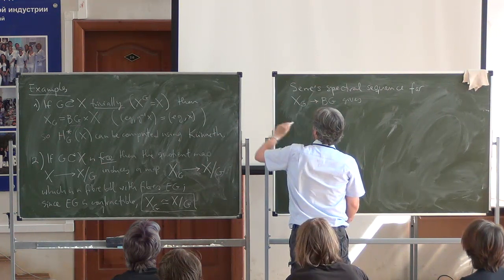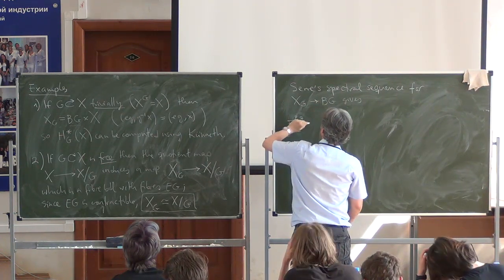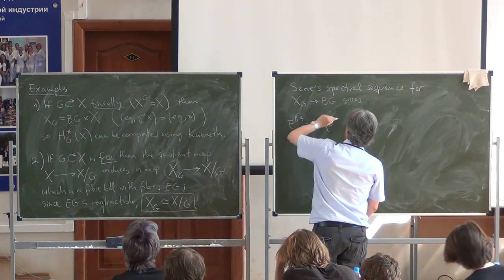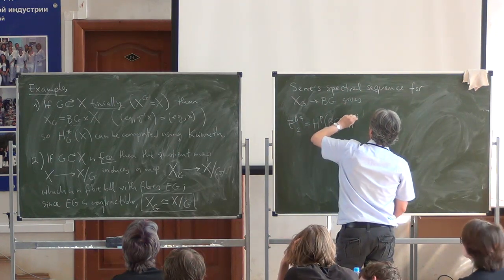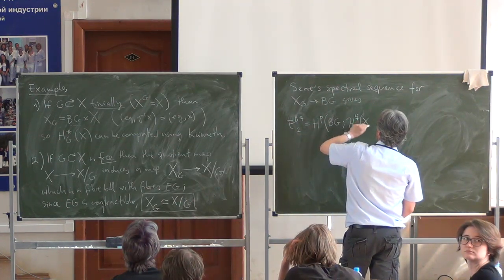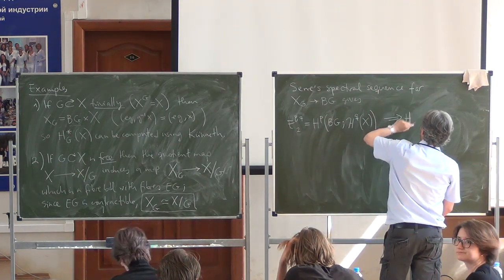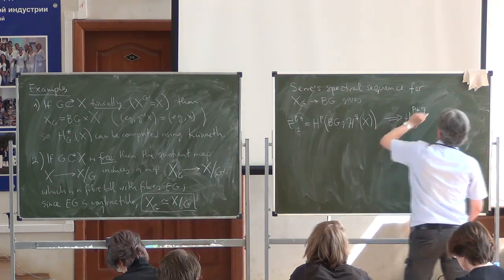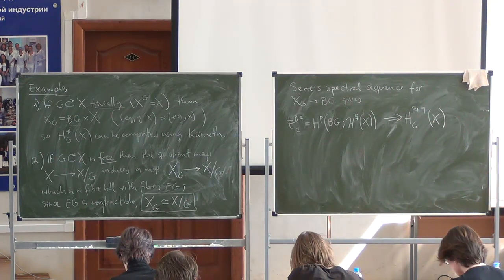Now we have a spectral sequence whose second page is this, and which converges to equivariant cohomology. Okay.